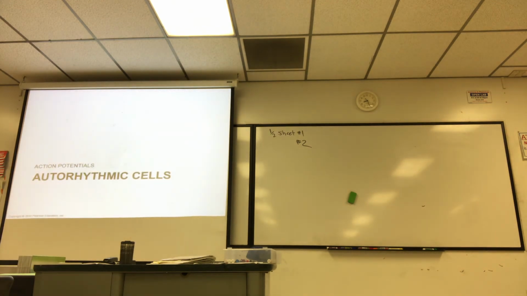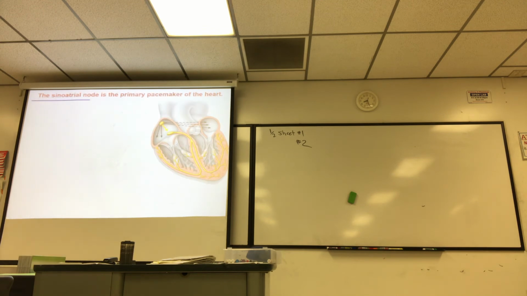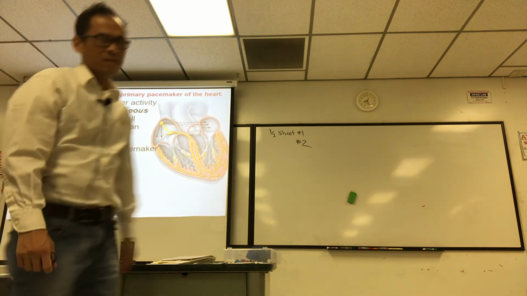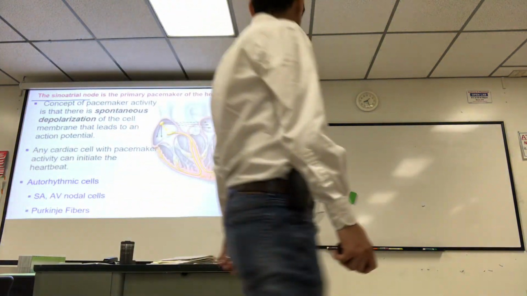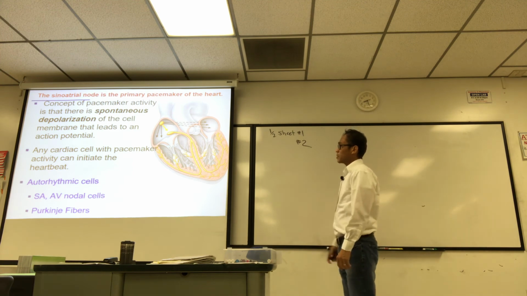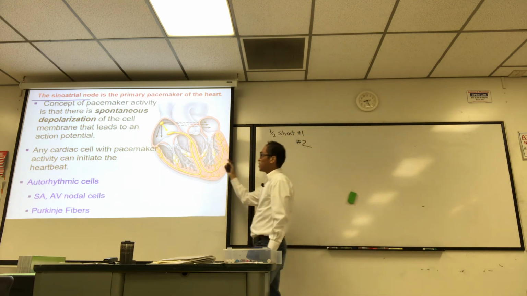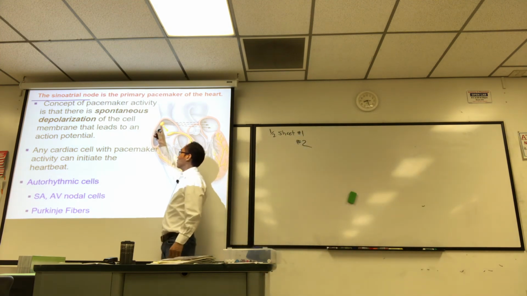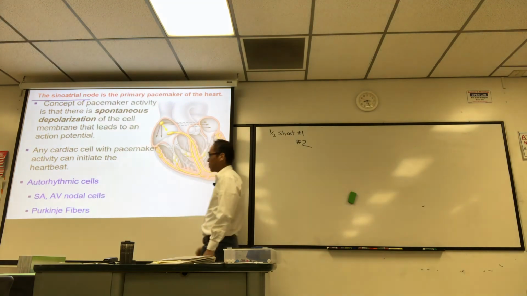I do want to shift gears from contractile cells to autorhythmic cells. I'll do a deep dive on that. How are we doing? Good. So let's switch our minds here. Now we're going to talk about action potentials of these cells, primarily in the SA or the AV node.